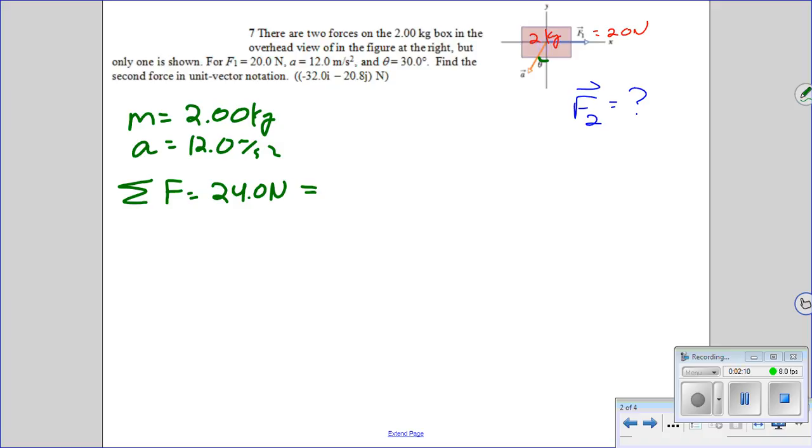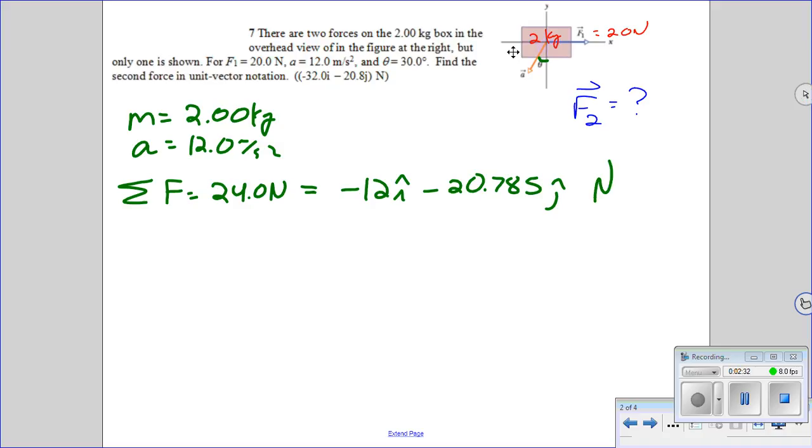So if you do the trig, the x component ends up being negative 12, and the y component ends up being negative 20.785. Let's hang on to some insignificant digits there. So that's our net force.